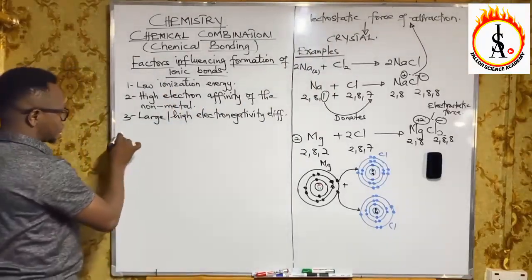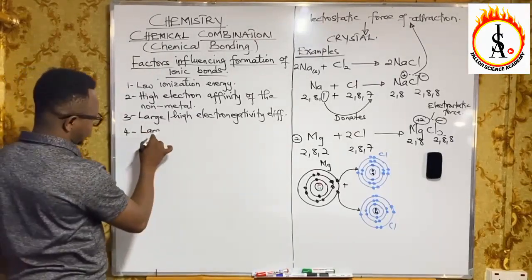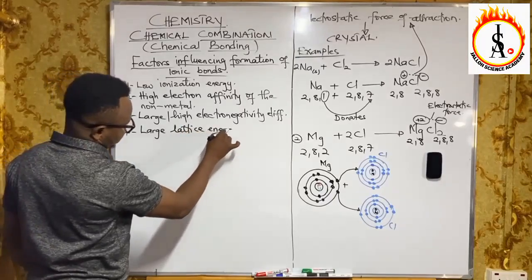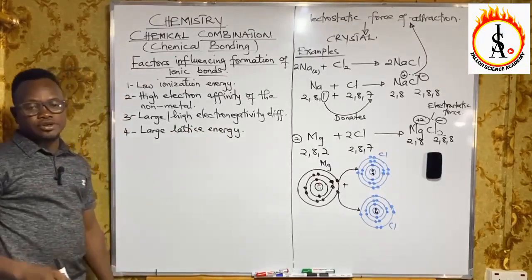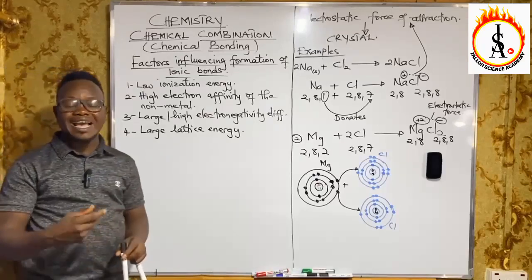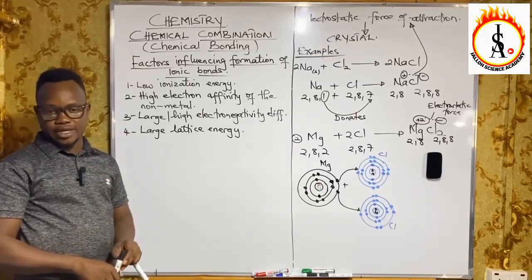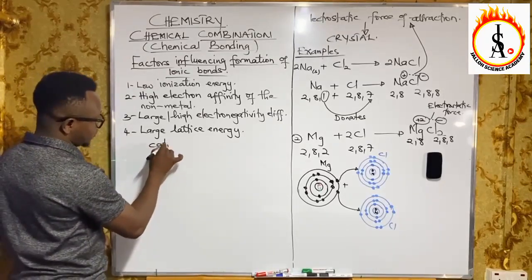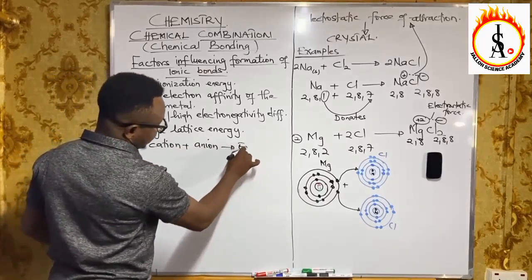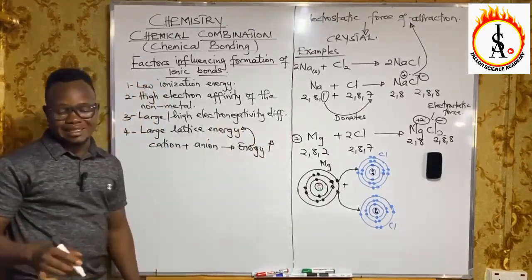So the fourth one we are going to look at is large lattice energy. Now, when we talk of lattice energy in crystalline solids, this tells us of the energy that is released when two ions come together. So if you have a cation and an anion combining, the energy released is what we refer to as lattice energy.